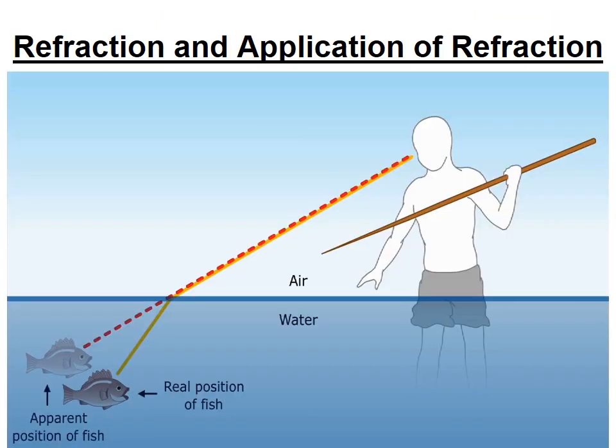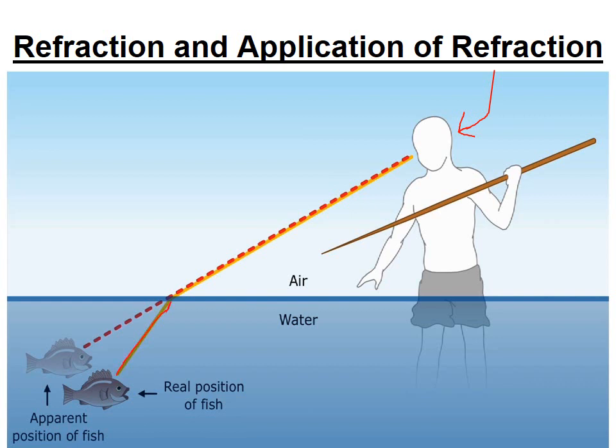By the end of this video, you will be able to understand this picture in much more detail. You probably already have an idea of what the picture represents, but today our focus is going to be on these applications. Just a quick recap, what we can see here is light from a fish.